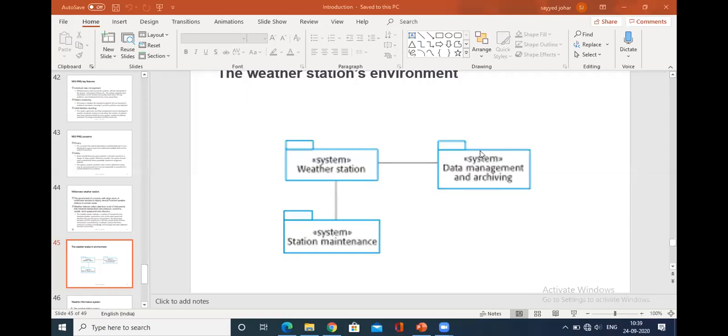And what is that particular station maintenance system? Station maintenance can communicate by satellite with the weather station to collect the data and monitor the characteristics or the health of these systems. So we can update the embedded software in this system.